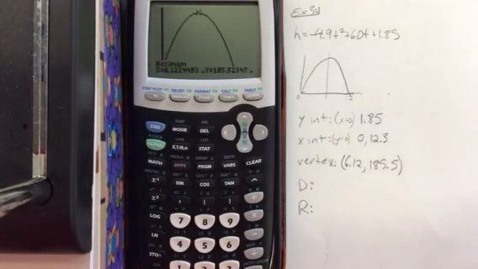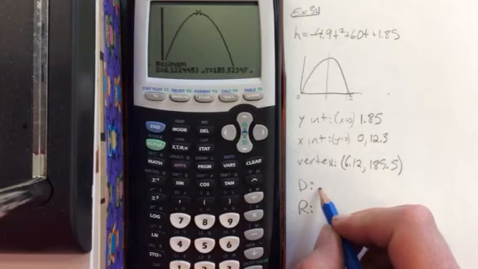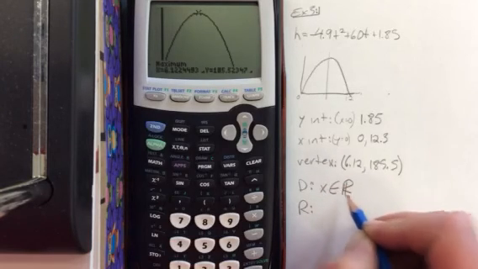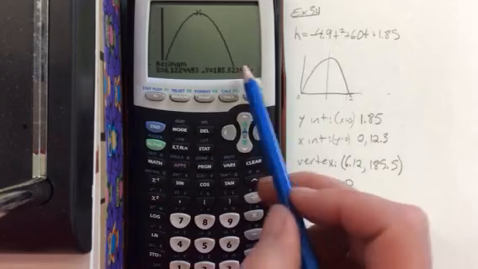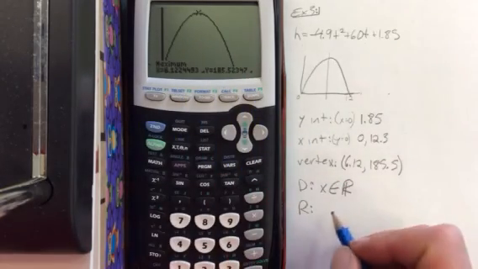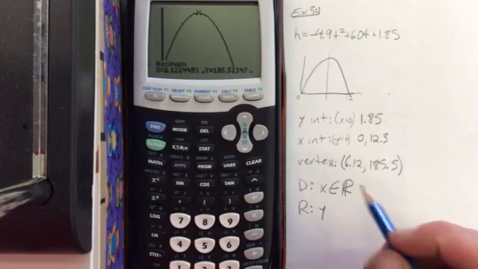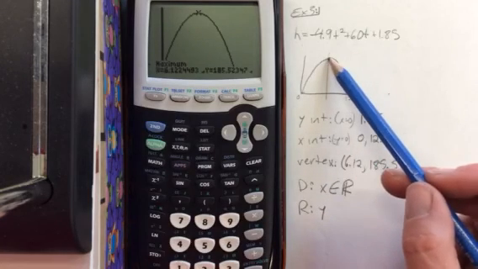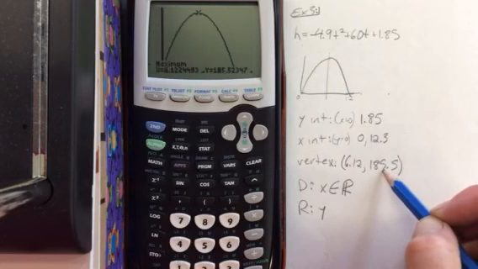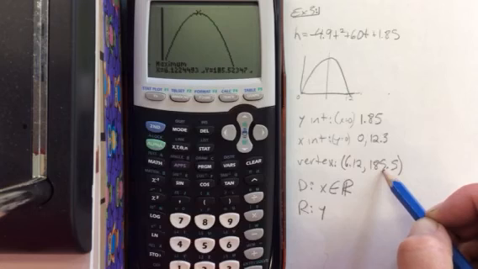So my domain is simply x is in the realm of all real numbers, because the domain extends both ways. The x is just keeping going. My range, however, y, is limited by the height. So my y value right here is going to be the maximum that my range can be.